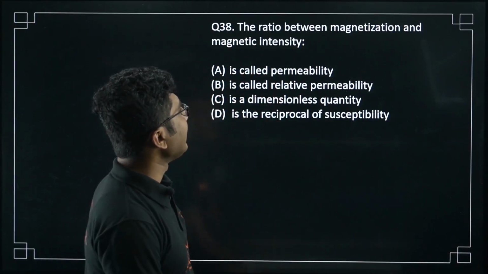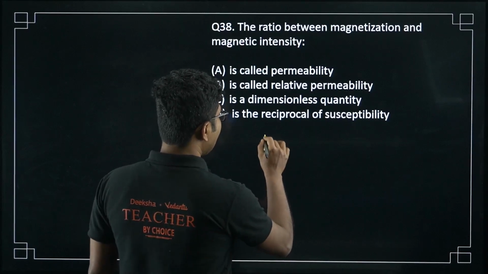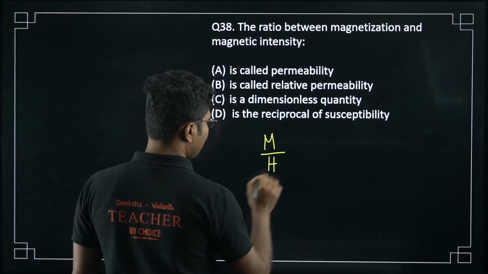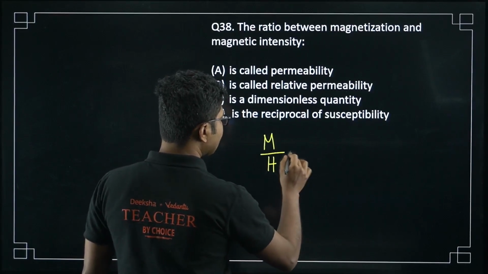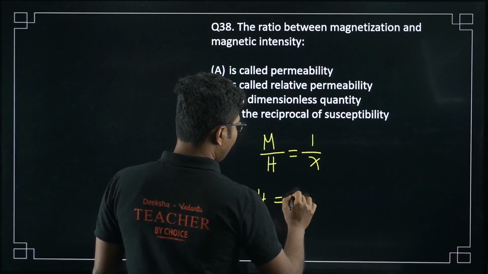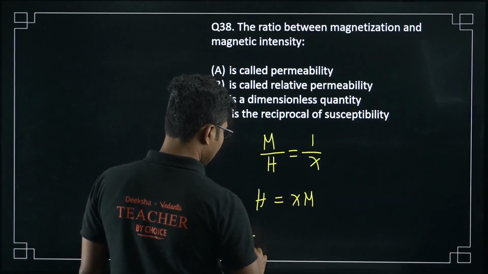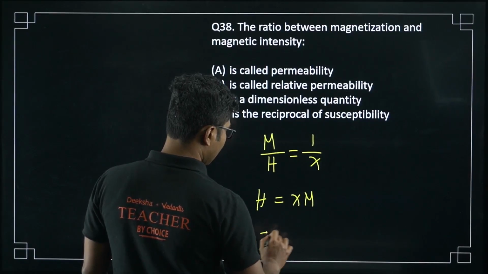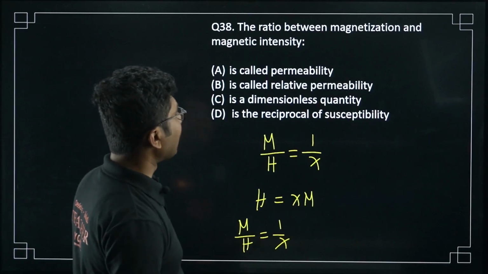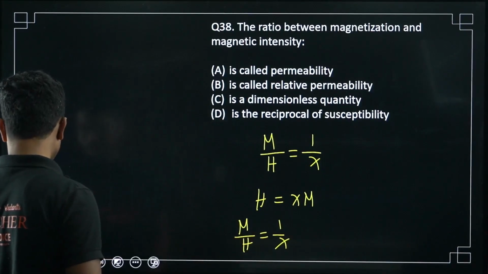The ratio between magnetization and magnetic intensity: magnetization by magnetic intensity. Okay, we know that this is basically 1 by chi, H is equal to chi M, so M by H is 1 by chi. Sorry, no, I made a mistake here.